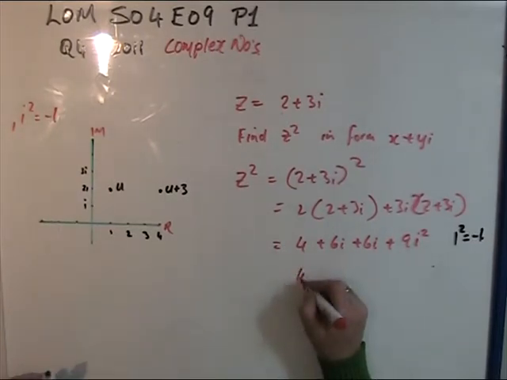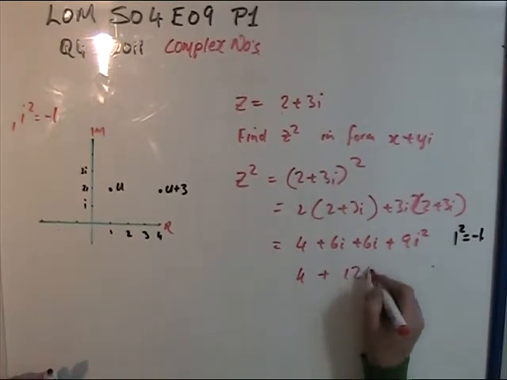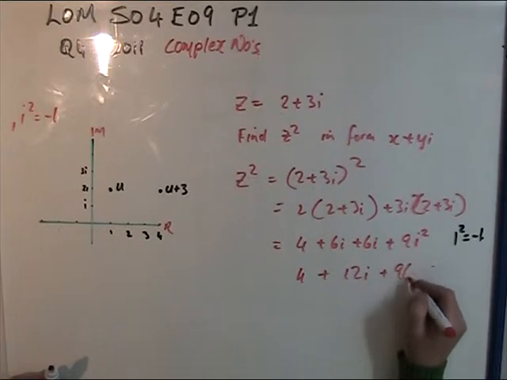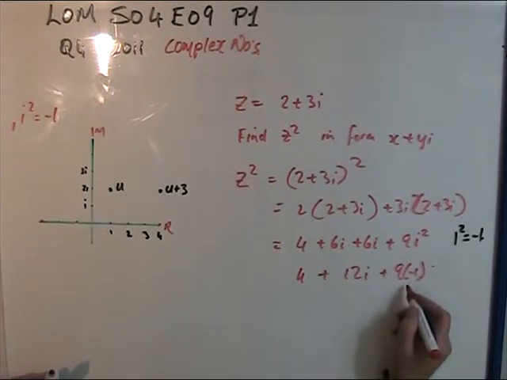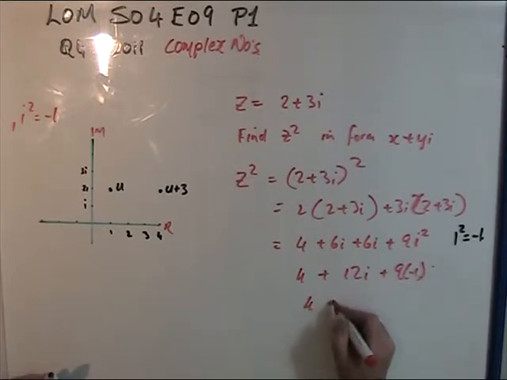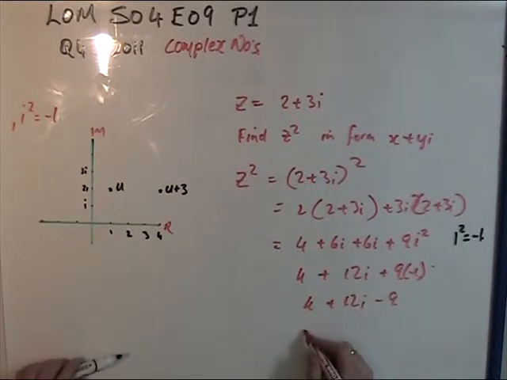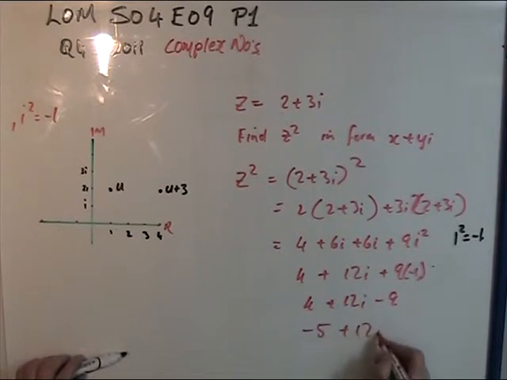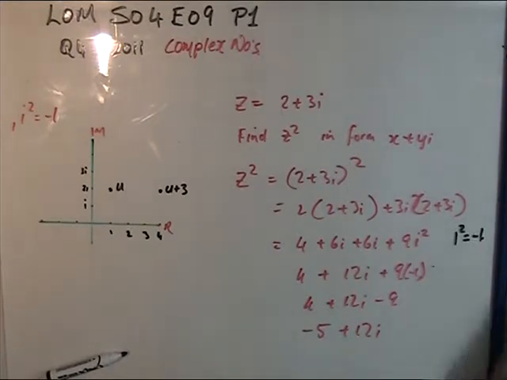So you got the answer is 4. Add them, 12i. Add the real parts. Plus 9 times minus 1 is minus 9. Okay, so it's 4 plus 12i minus 9, which is 4 minus 9 is minus 5 plus 12i. Just check that. Okay, minus 5 plus 12i.